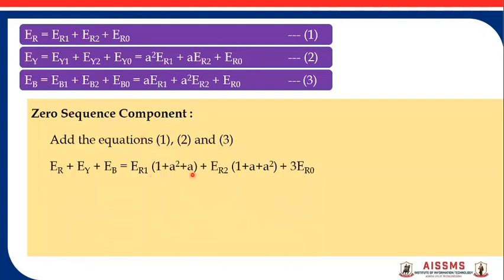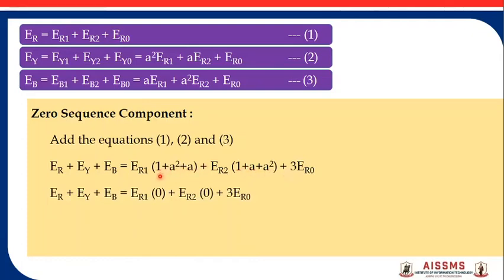On the RHS, ER1 is common, so the coefficient is 1, A square and A, so it is 1 plus A square plus A. Similarly, ER2 is common here, so 1 plus A square plus A. And ER0 three times becomes 3 into ER0.